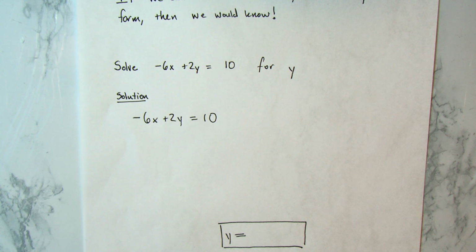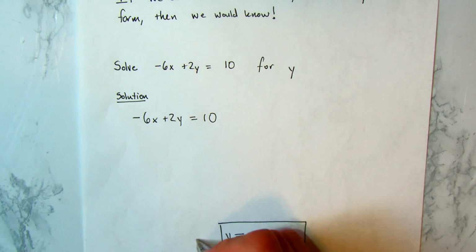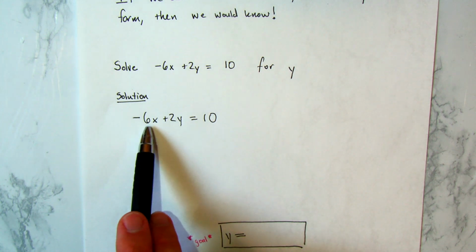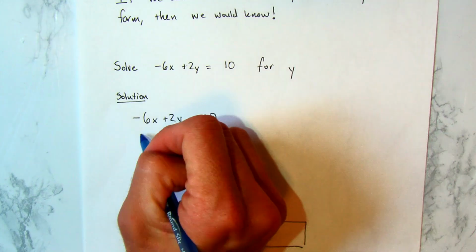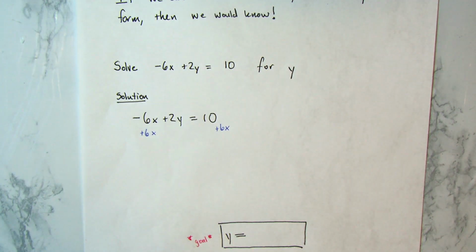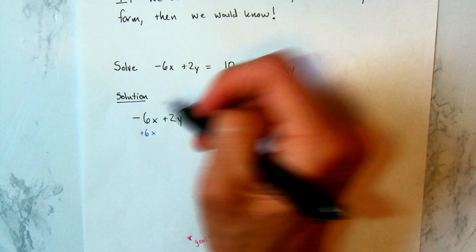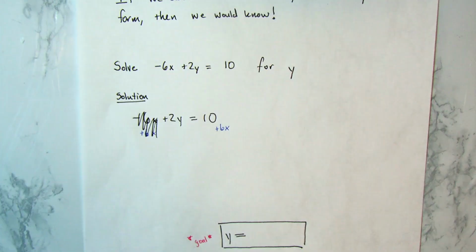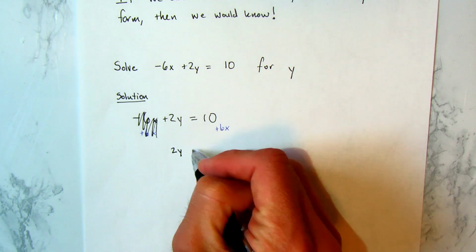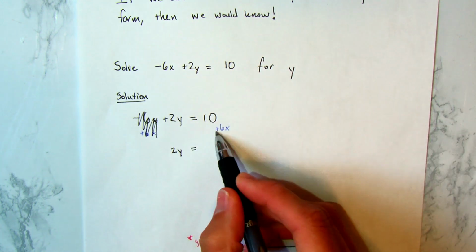So we want y equals something. Alright, so let's start up here and we're going to add 6x to each side. So we have 2y equals 10 plus 6x.